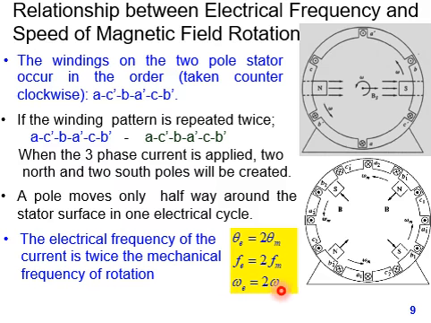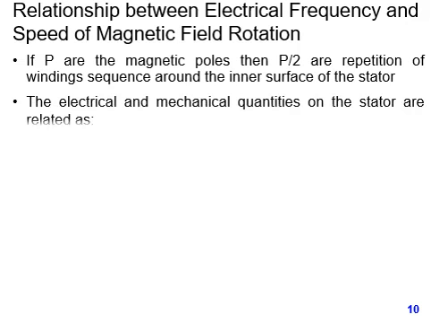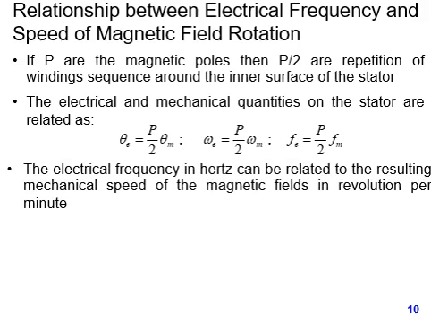Because the pole moves halfway around the stator surface in one complete electrical cycle, it can be deduced that if P is the number of magnetic poles, then P by 2 is the number of repetitions of the winding sequence around the inner surface of the stator.